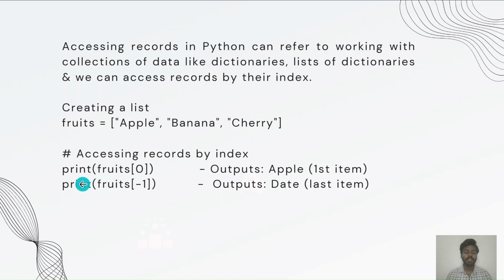We simply use the print function with fruit and the index number at which apple is located. Index always starts from 0, so the apple index is 0. That's why we use index 0 here. So print fruit[0] for apple, and we get the output apple, which is the first item of our fruit list.